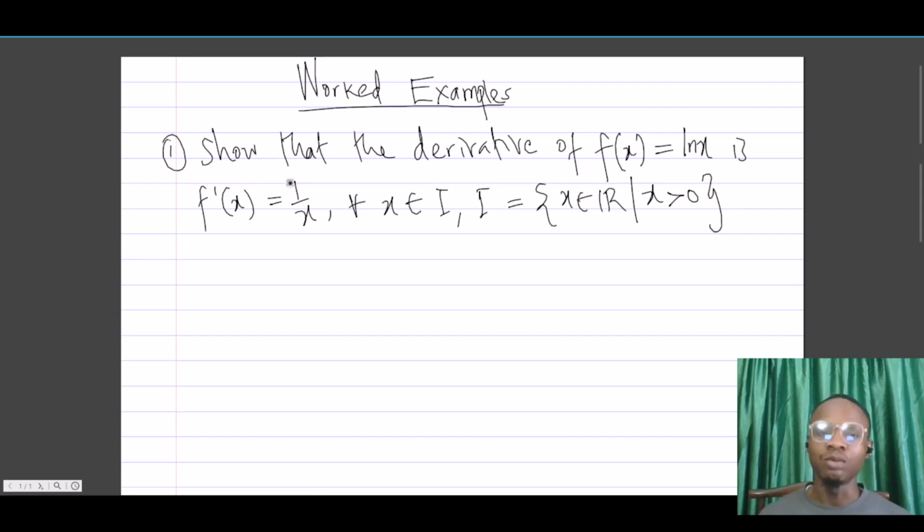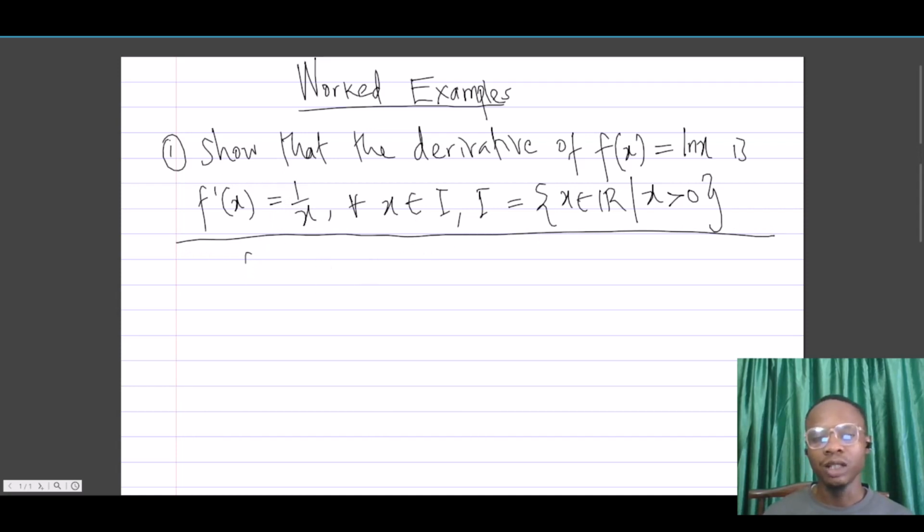Of course, we know that the derivative of ln x is 1 over x, but we want to show from first principles that, following our definition of differentiability that we've given in the previous lessons, we can establish that this function f of x equals ln x has the derivative f prime of x, which is 1 over x. So now let's go ahead and apply all of those concepts here.